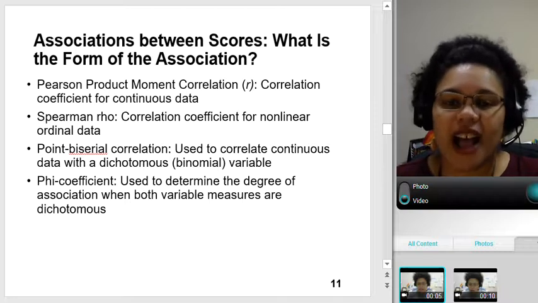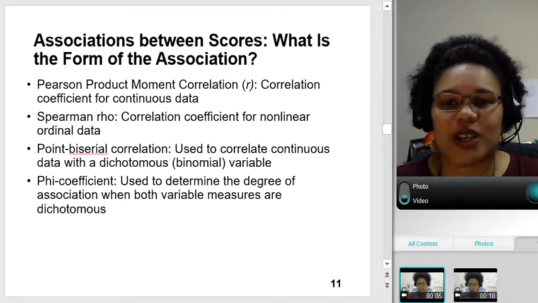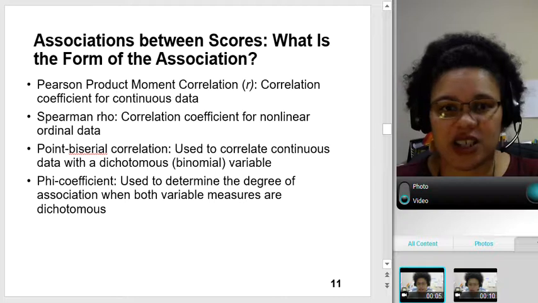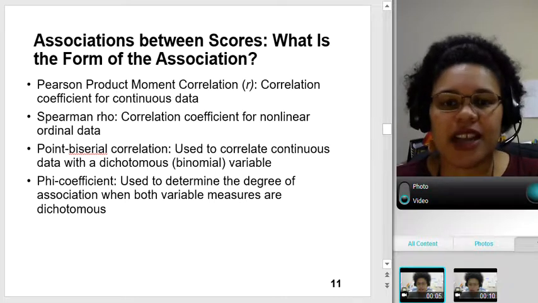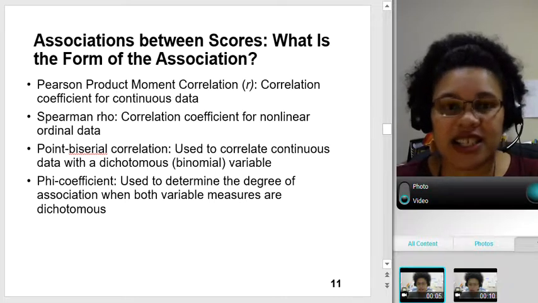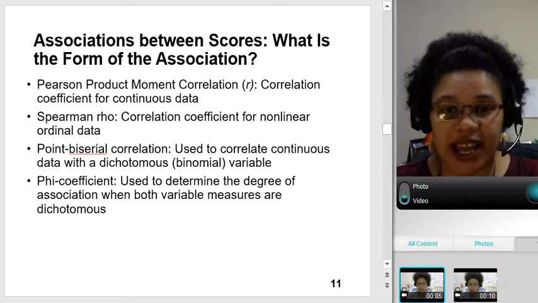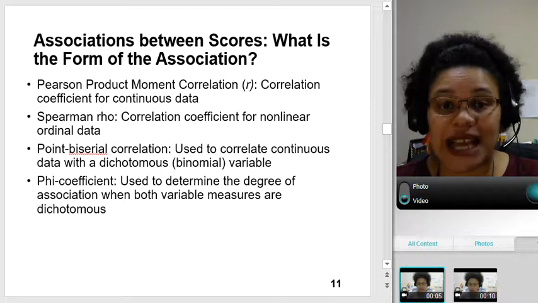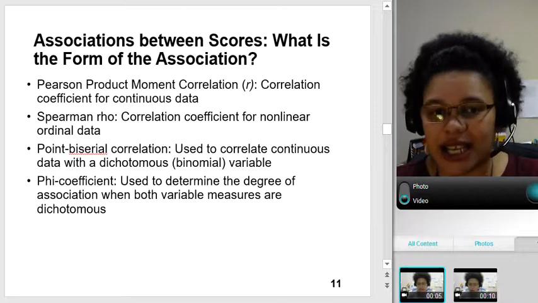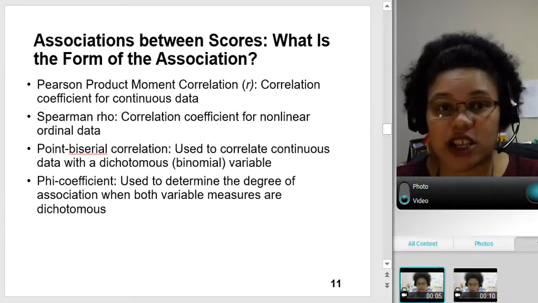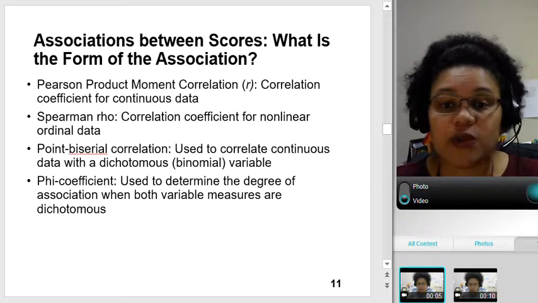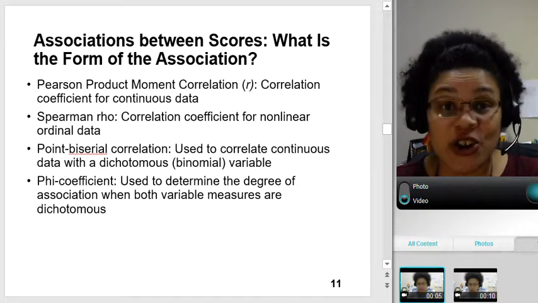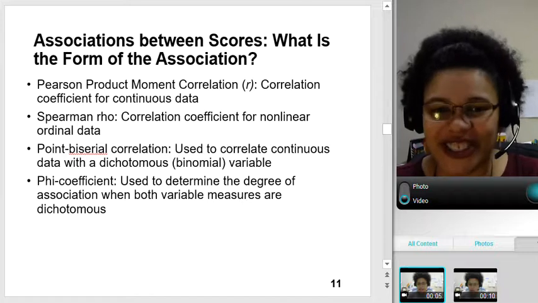So, associations between scores. What's the form of the association? Pearson's product moment correlation statistic is usually represented as a lowercase r, and it's called a correlation coefficient. We use that for continuous data when we have two continuous variables. Spearman's rho is for nonlinear ordinal, categorical ordinal data.